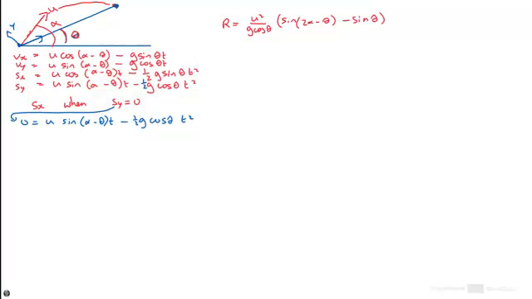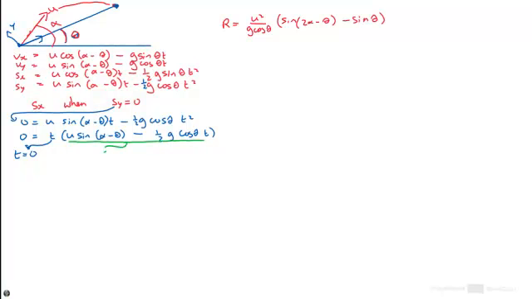S is equal to ut plus a half at squared, that's where that comes from. When that's equal to 0, we can factorise out the t, which is the only variable in the equation. We get t times u sine alpha minus theta minus a half g cos theta t. So the two solutions are when time is equal to 0, which makes sense because y is 0 at the start, and when this expression is equal to 0 as well.